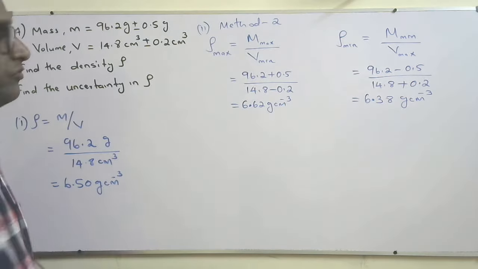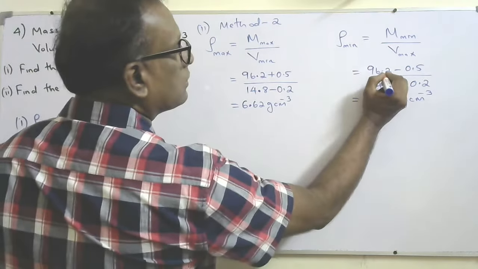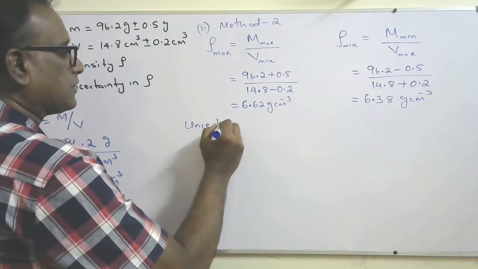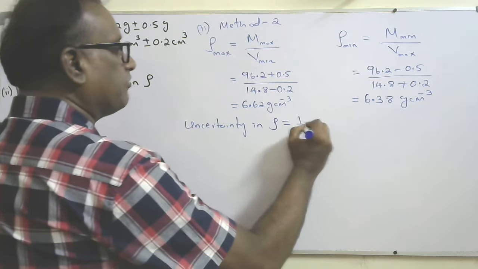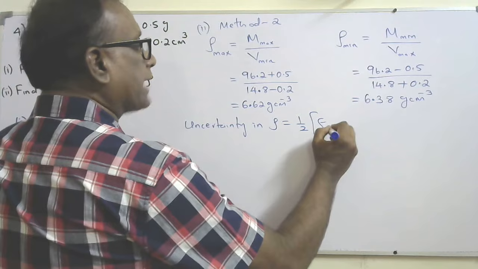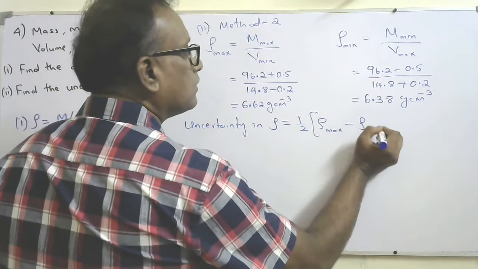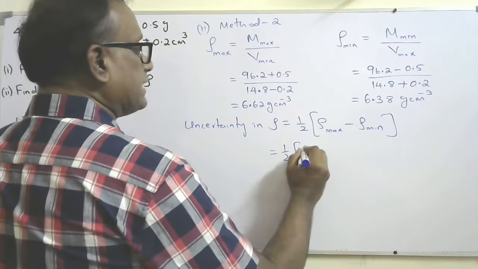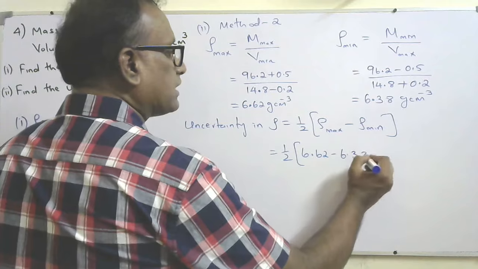Okay, so now find the uncertainty in rho, which is equal to half into rho max minus rho min. So half into maximum density 6.62 minus 6.38.